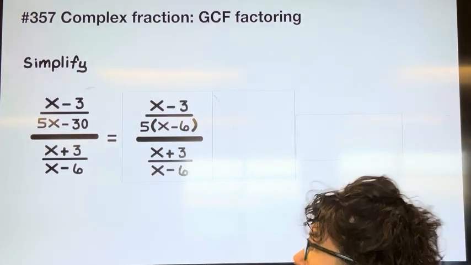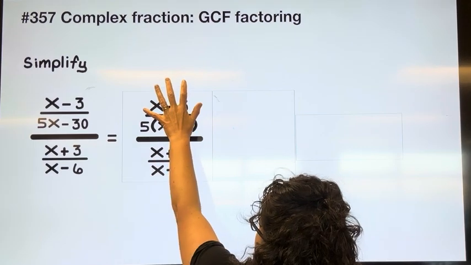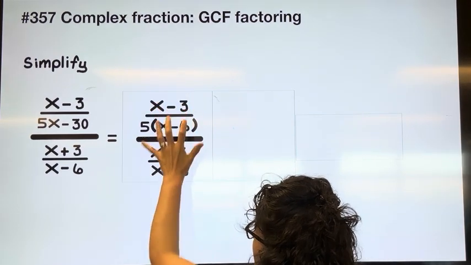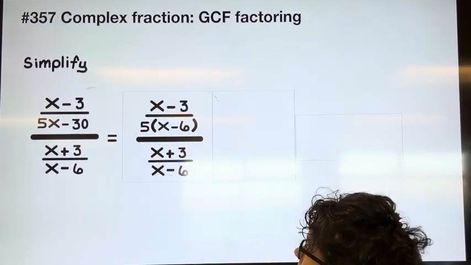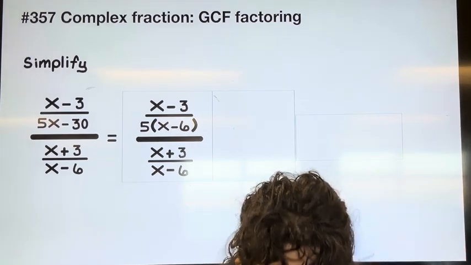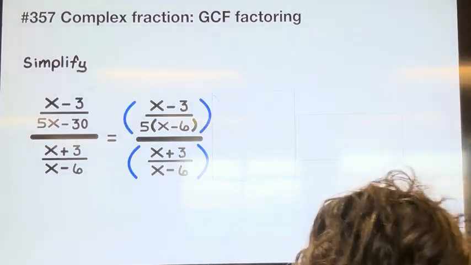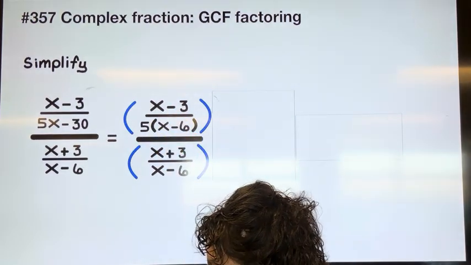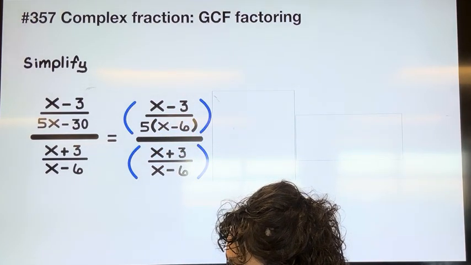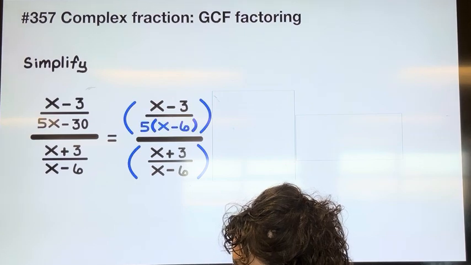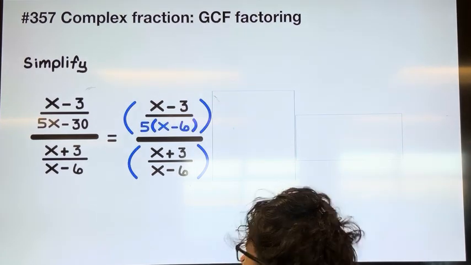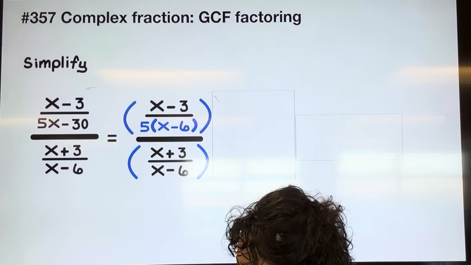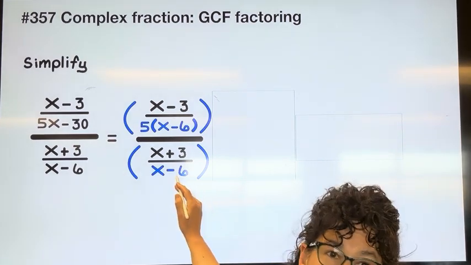Okay, now we're going to end up multiplying the numerator and the denominator by the mini denominators. So in this fraction, the denominator is 5 times x minus 6, and in this one, it's just x minus 6.